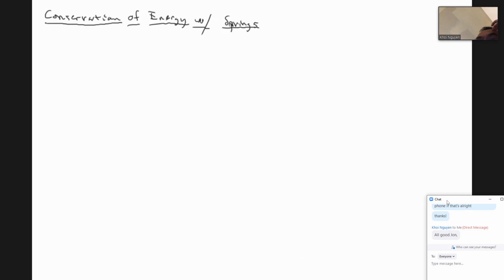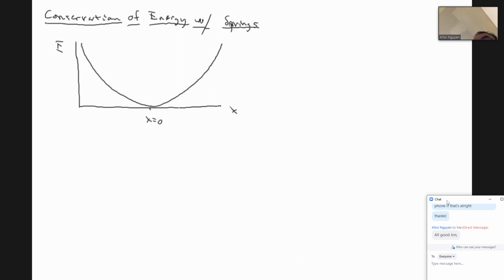So if we think about it, energy as a function of displacement, say this is x equal to 0. One energy graph would look like this, and the other energy graph would look like that.